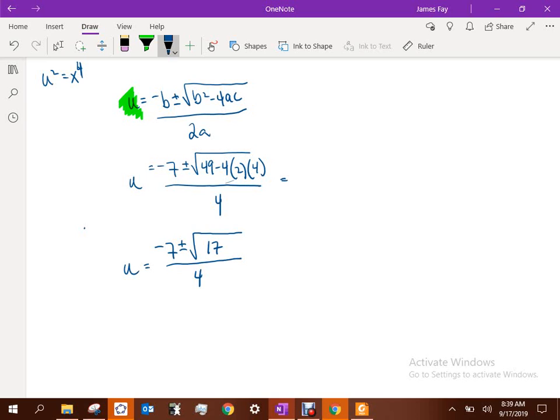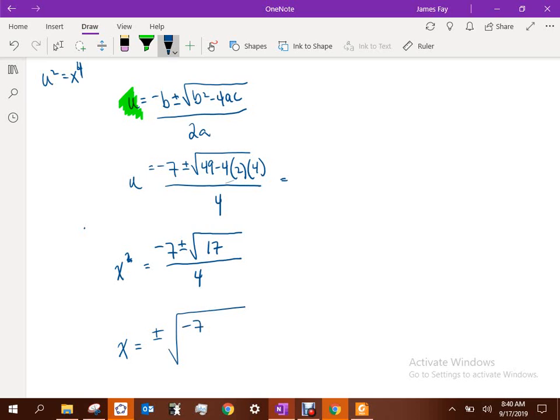What was u? u was x squared. Okay. So if I get this replaced with x squared, how do I solve for x? I take the square root, right? So this is going to look like x equals plus or minus the square root.